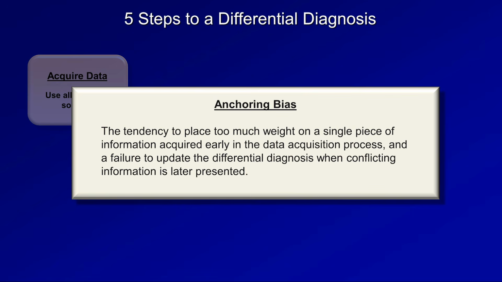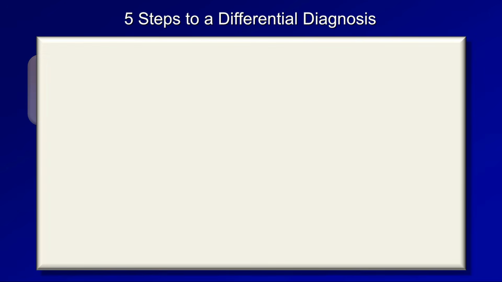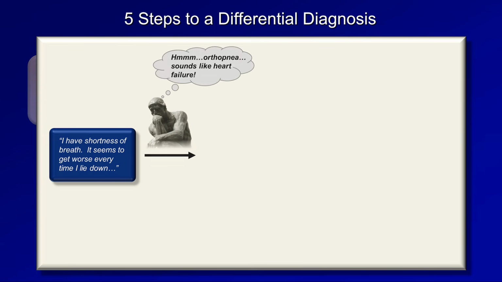For example, if a patient's HPI, or history of present illness, focuses on his shortness of breath, and he happens to mention early on that it's worse when lying down, a specific symptom called orthopnea, that may lead a clinician to begin hypothesizing during the interview that the patient has heart failure. Additional investigation may then be appropriately directed towards confirming or refuting this hypothesis.